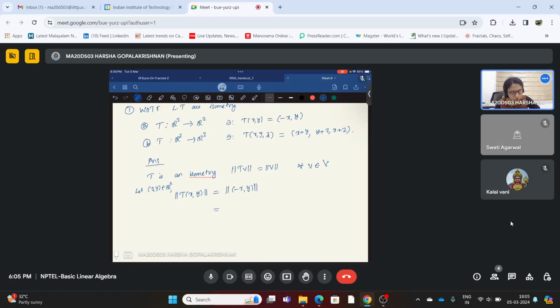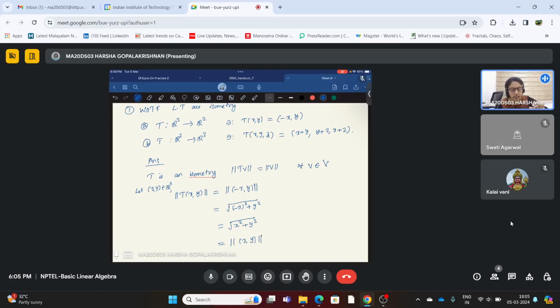So it will be square root of x square plus y square. That means, what is this? Not x square plus y square. It is square root of minus x square plus y square. The first coordinate is minus x, its square, plus y square. But what is minus x square? It is x square itself. So this is the same as norm of (x, y). Okay.